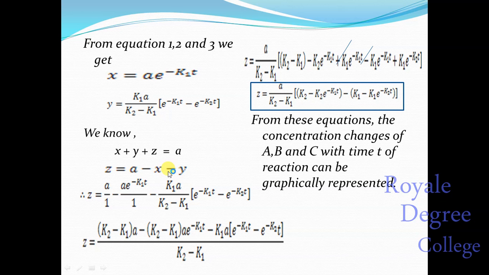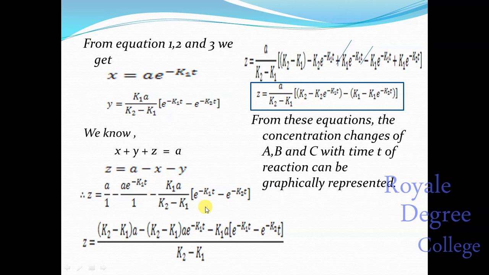In the next step, in place of a we write a as it is, then minus x, we write the x value, a e to the power minus k1t, and minus y, we write the y value, that is k1a into e to the power minus k1t minus e to the power minus k2t by k2 minus k1.